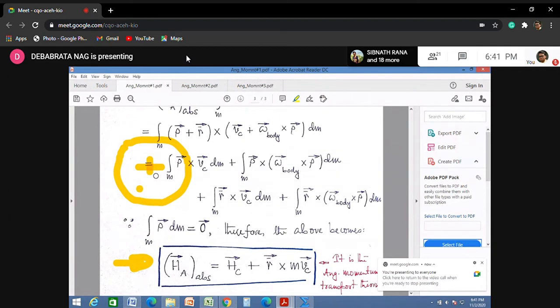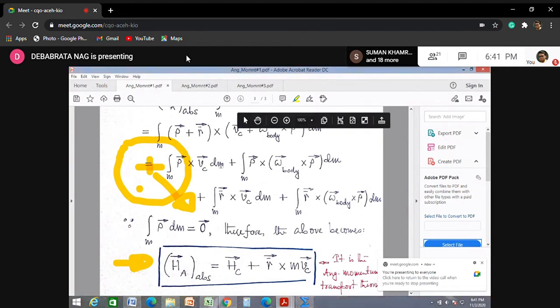Then by your kinematics equation, you must calculate what should be the velocity of the center of mass because of the given motion of the body.